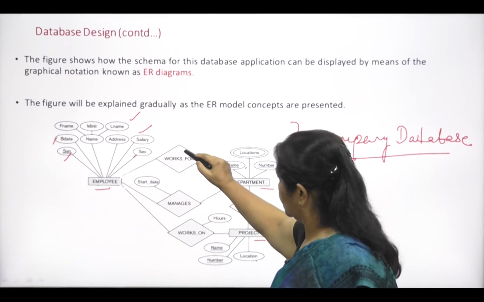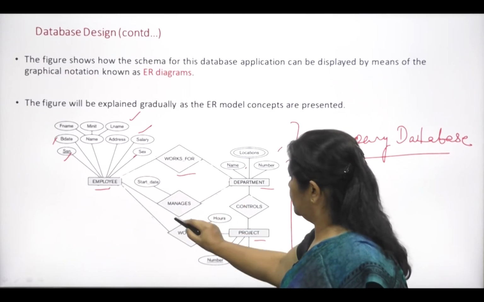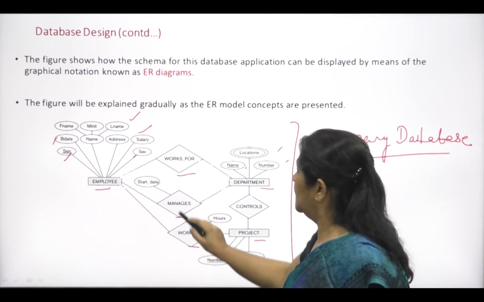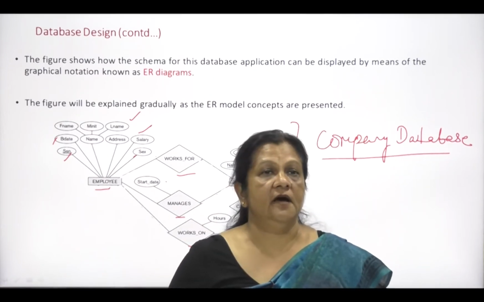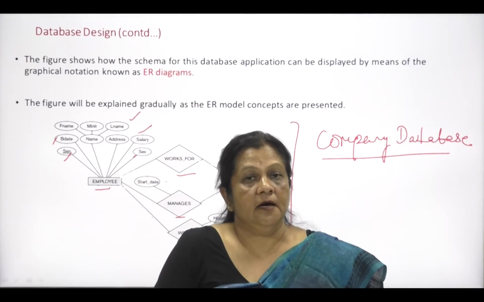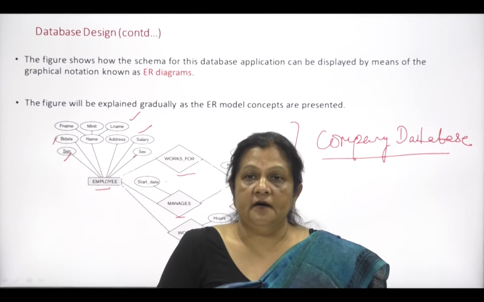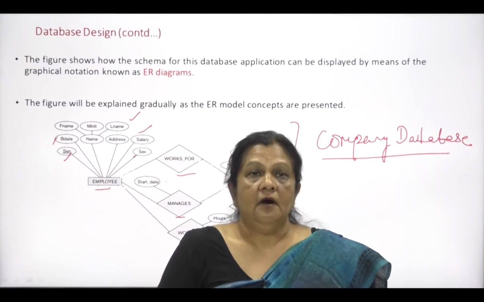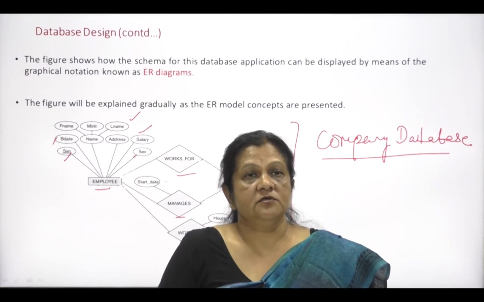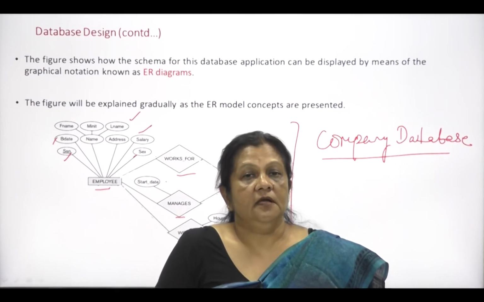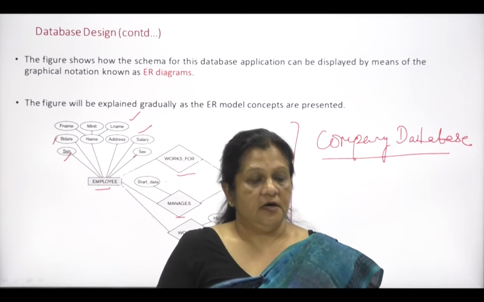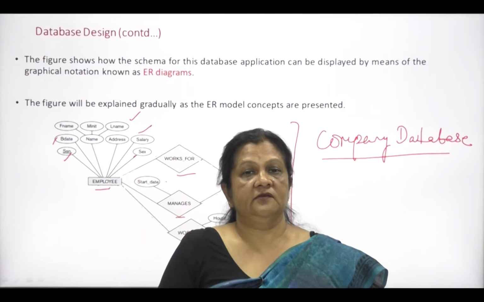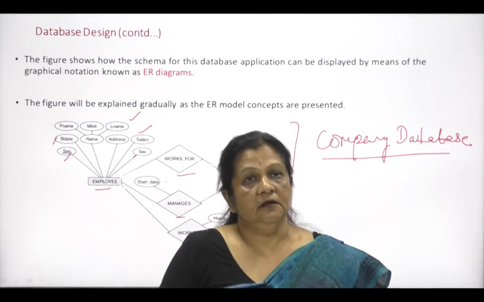Then we have some relationships, works for, manages and works on, and attributes of the relationships. All this that I have shown you in this ER diagram, we are going to study one by one. All the notations that I have used in this ER diagram are predefined specific notations for different types of objects, relationships and attributes.